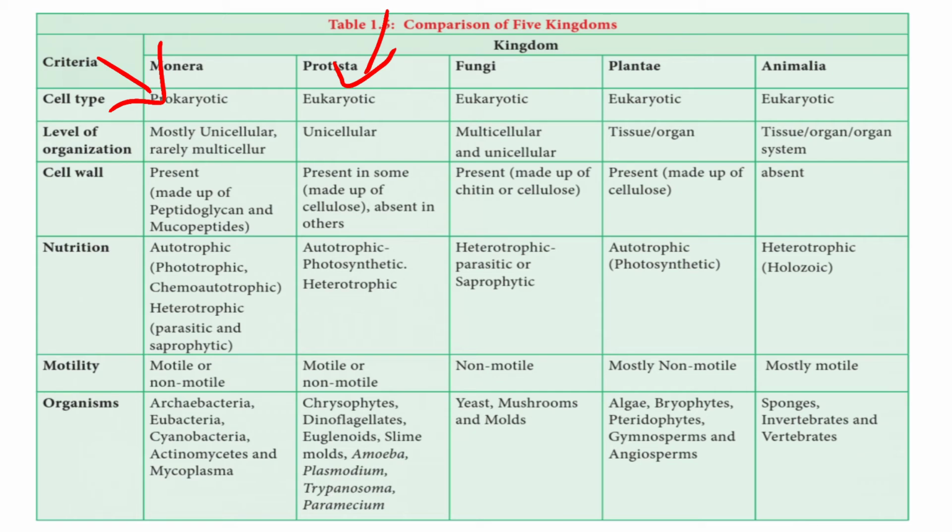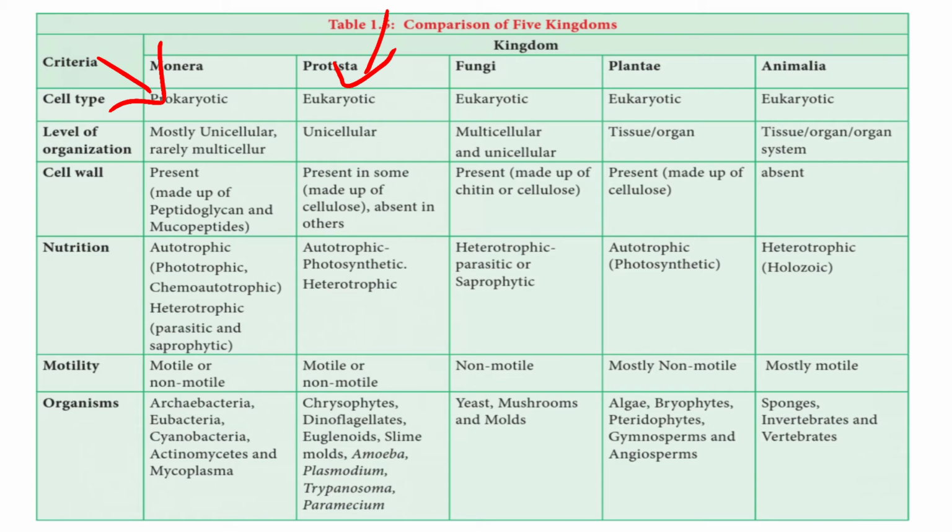Organisms seen are chrysophytes, dinoflagellates, euglenoids, slime molds, amoeba, plasmodium, trypanosoma and paramecium. These are the organisms that come under Protista. Chrysophytes, dinoflagellates, euglenoids and slime molds are unicellular algae and fungi-like organisms, while amoeba, plasmodium, trypanosoma and paramecium are protozoans.